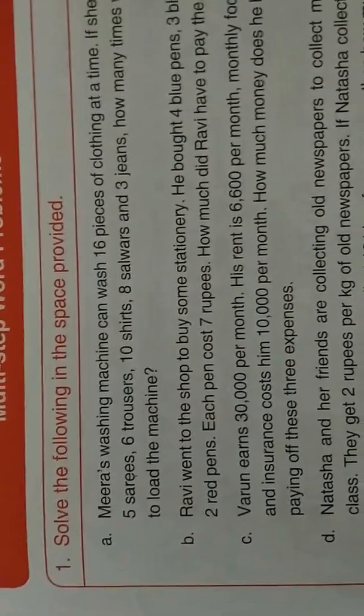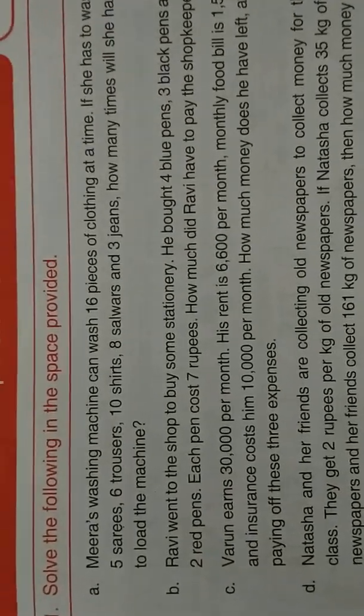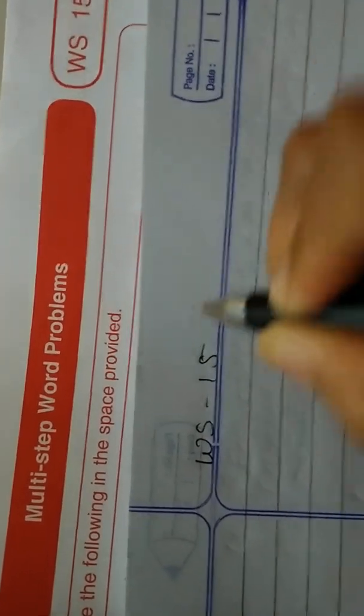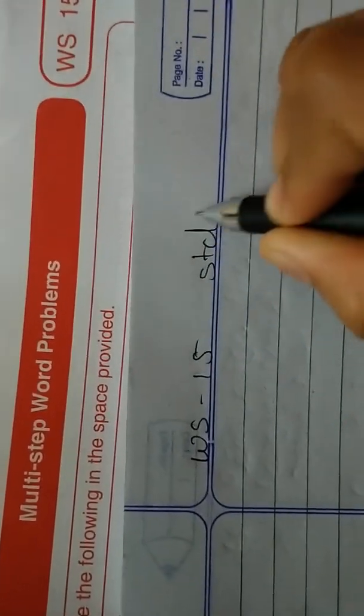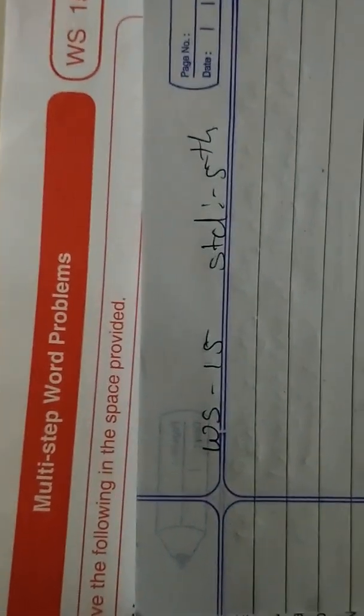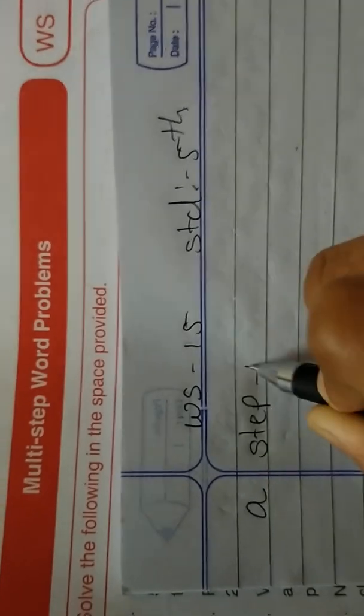So we'll follow some steps, and with those steps we have to get the solution. So we'll start the steps. So students, worksheet number 15, standard 5th. Step number 1, numbers and keywords.